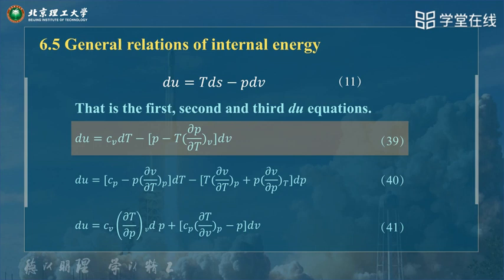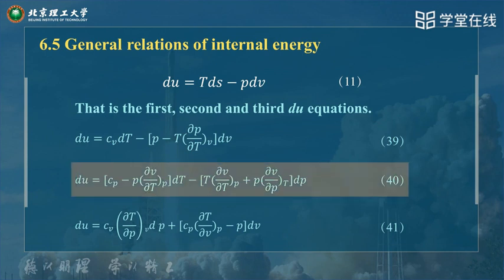So equation 39 is the first dU equation. The second dU equation is equation 40: dU equals (Cp minus P partial V over partial T, P constant) dT minus (T partial V over partial T, P constant plus P partial V over partial P, T constant) dP.